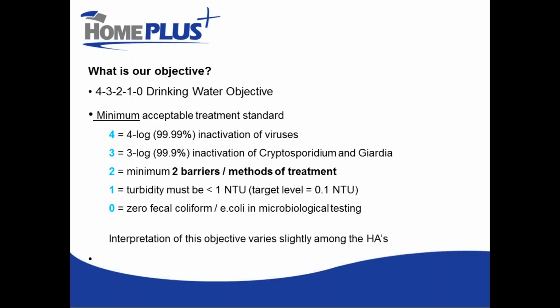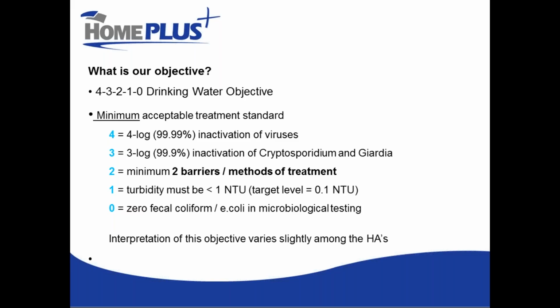So what is the whole point of this? Well, we have in British Columbia our 43210 drinking water objective. This is set out in the Drinking Water Protection Act and regulations as our minimum acceptable treatment standard. I'm sure many of you have heard of this standard before.